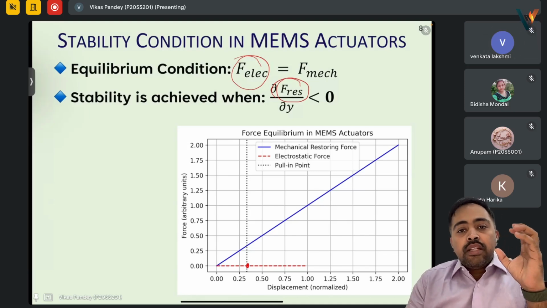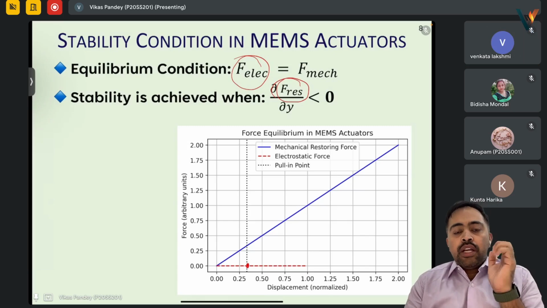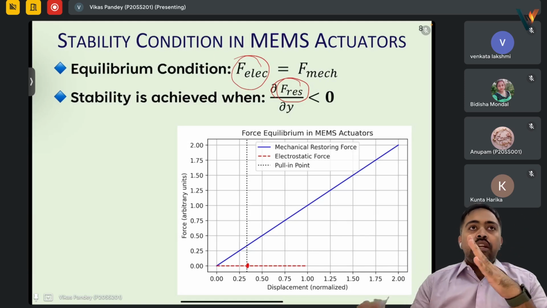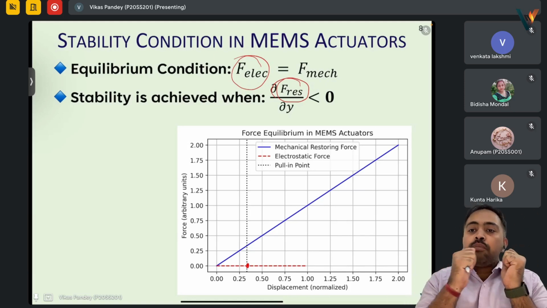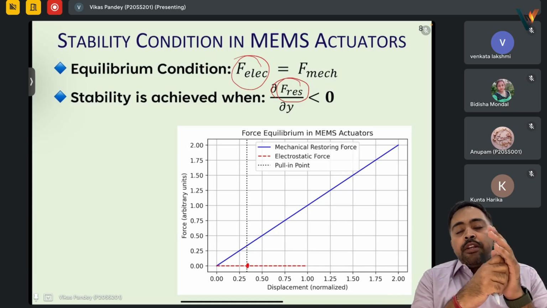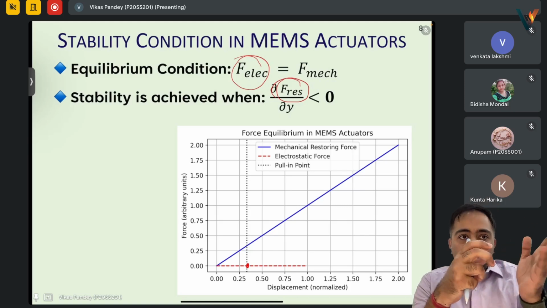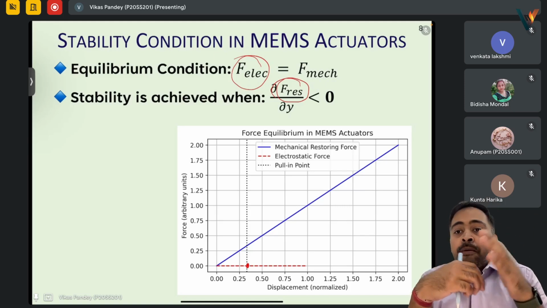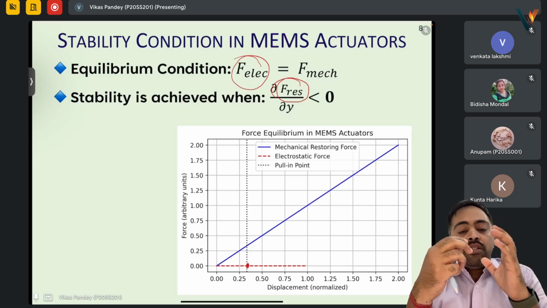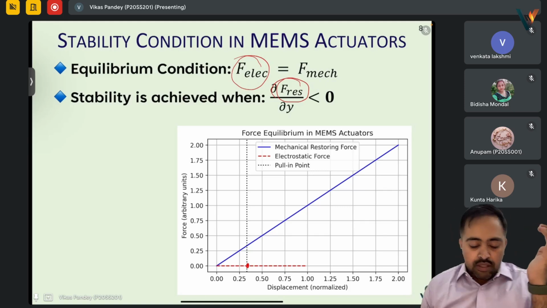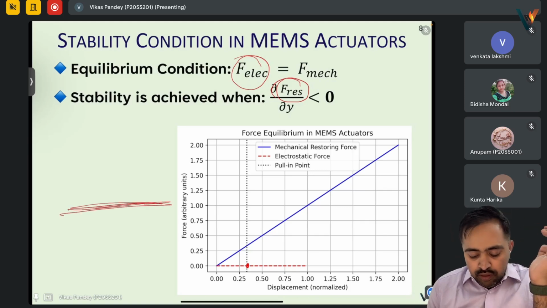Yeah, the thing is that we have mechanical force trying to retain the position of our one moving plate. The other is that we are putting some voltage to change the position, right? So once we attain equilibrium, say this is our fixed plate where we are putting some voltage, and this is a moving plate.